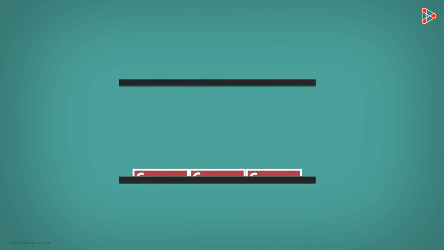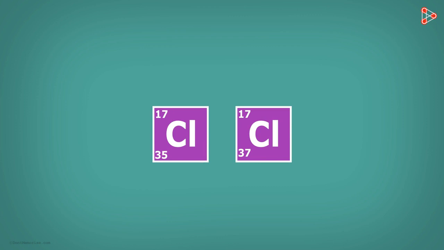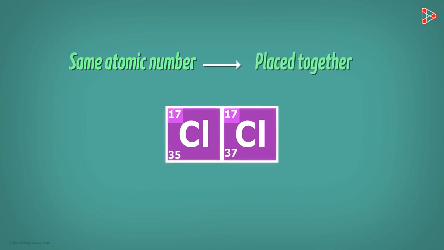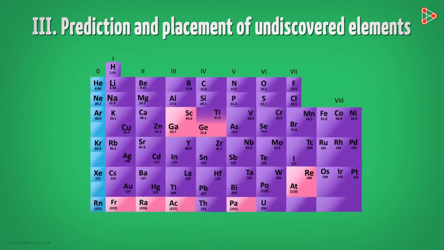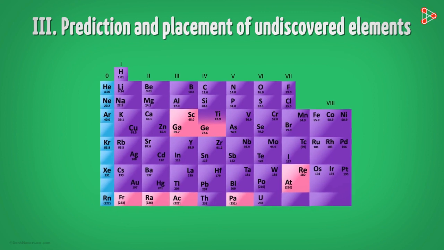So now can we say that chlorine 35 and chlorine 37 will be placed together? They both have 17 protons, which means they will have the same atomic number. Hence, they will be placed together. Lastly, we had the prediction and placement of undiscovered elements. The previous table by Mendeleev was based on atomic masses of elements.